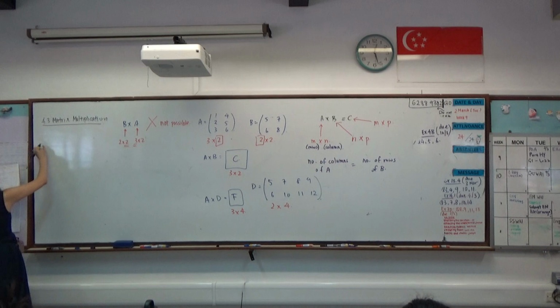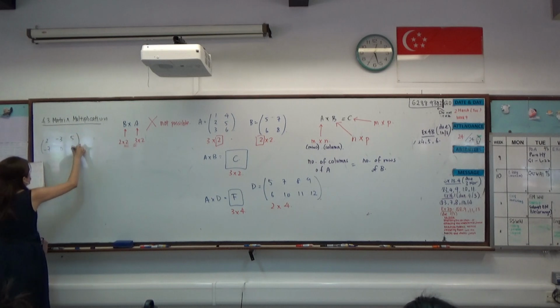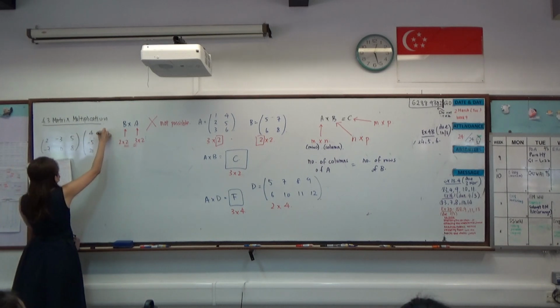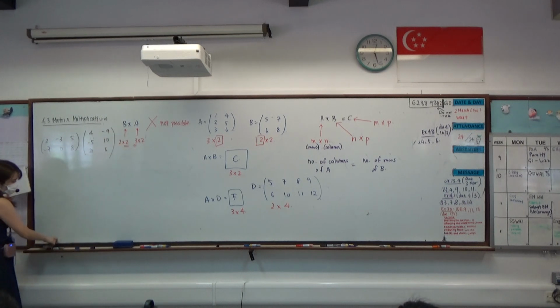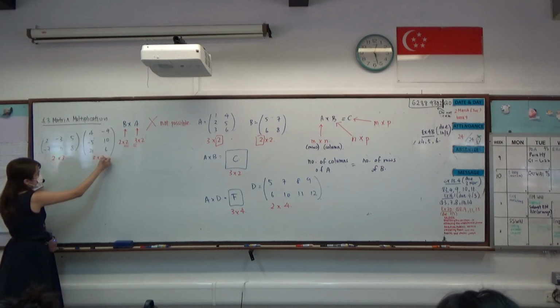So, example, if I have 2, -7, -3, 0, 5, 8, and I multiply with this. Okay, so this is a 2 by 3 matrix. This is a 3 by 2 matrix.